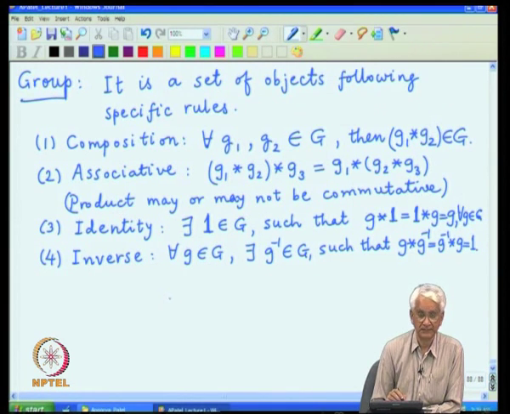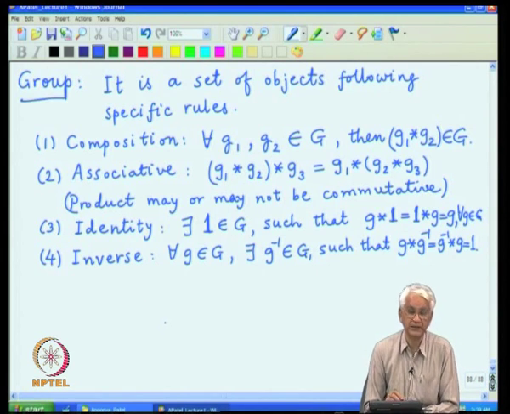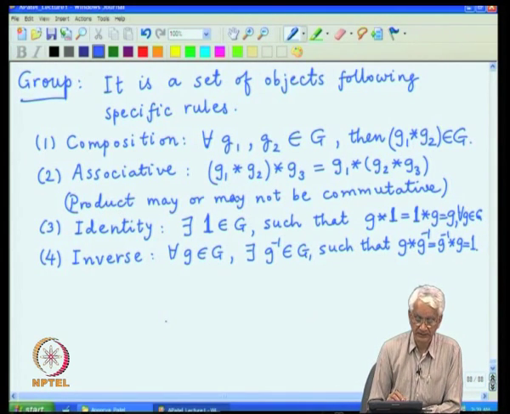It is a simple list, and that is precisely the reason that it turns out to be very powerful in its predictions in many different branches of science.